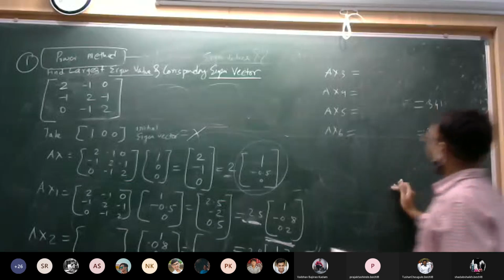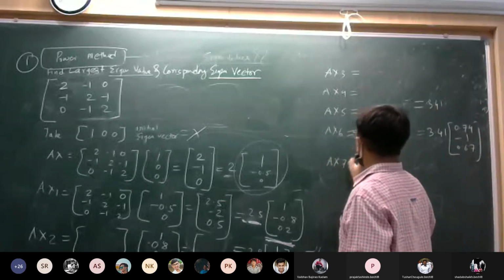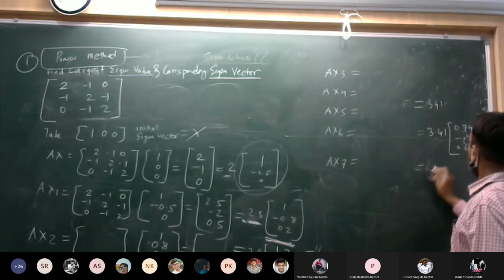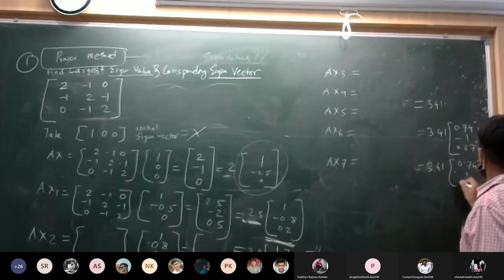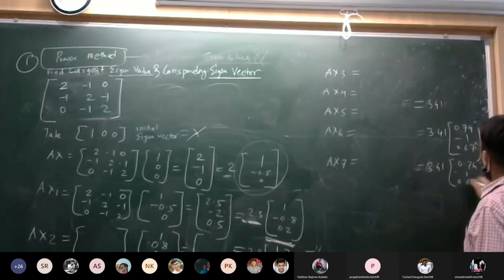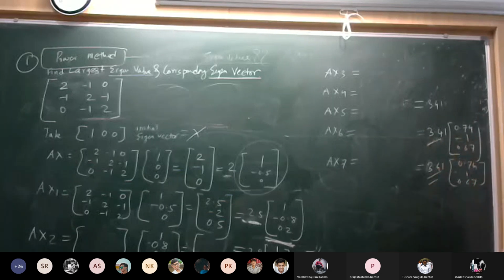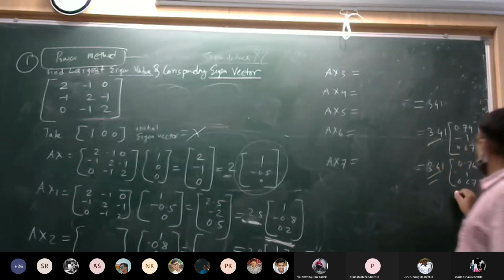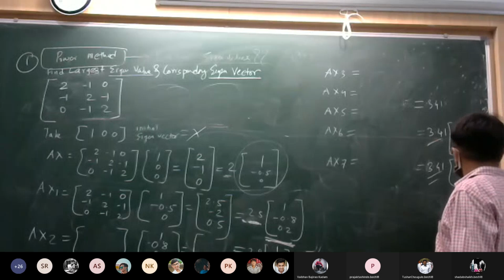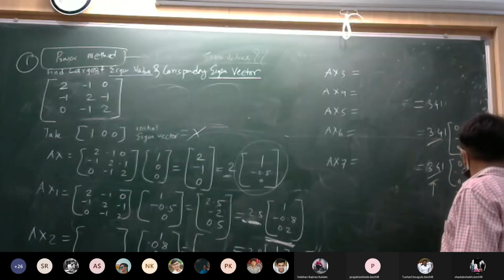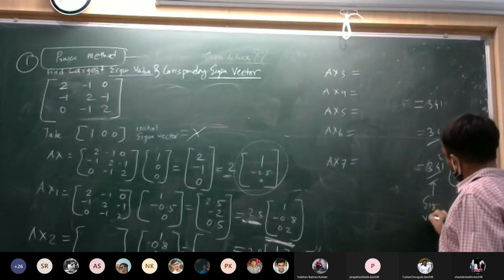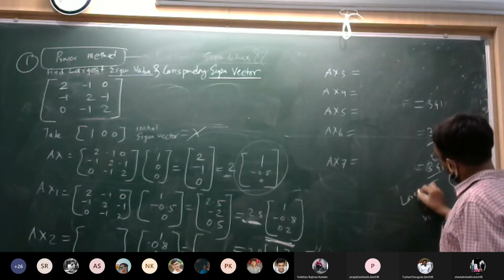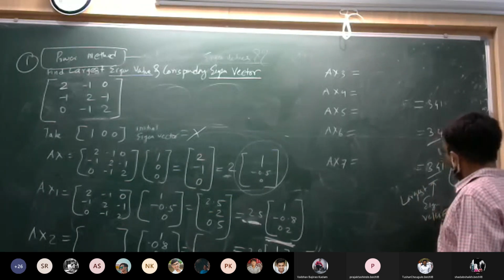The 6th and 7th are going to become the same. So this will be 3.41, 0.74, -1, 0.67. So this value and this value are going to be nearly the same. That's why this is a vector. This is an eigenvalue. Most important word: largest eigenvalue.